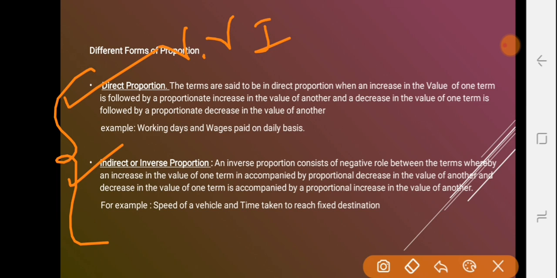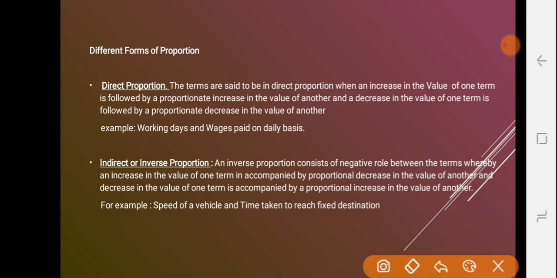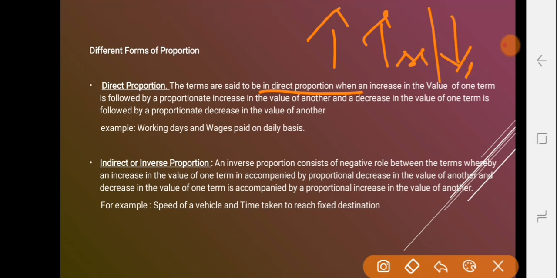Okay, so let us understand what direct and indirect proportion are. Direct proportion: the terms are said to be in direct proportion when an increase in the value of one term is followed by an increase in the value of another, and any decrease in the value of one term always leads to a decrease in the value of another term also.